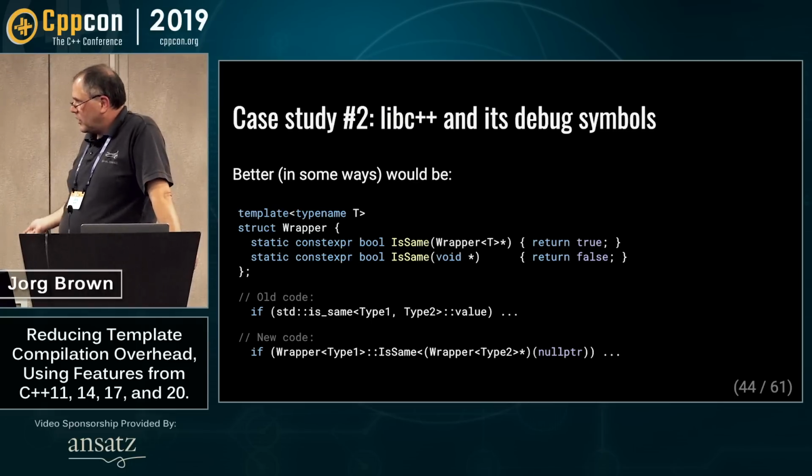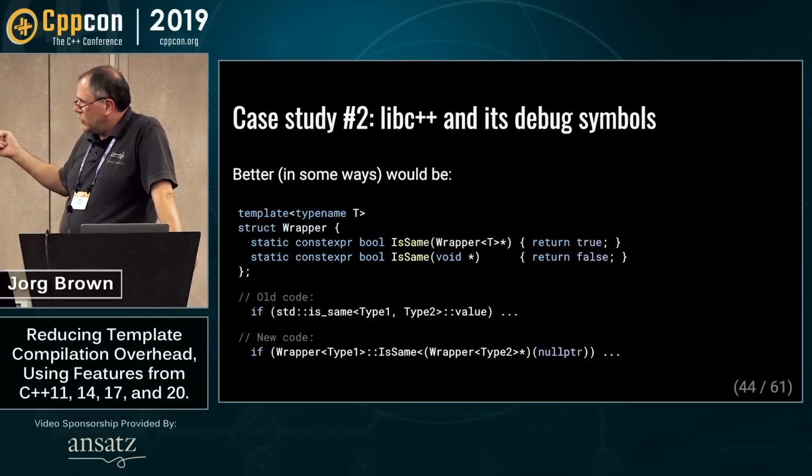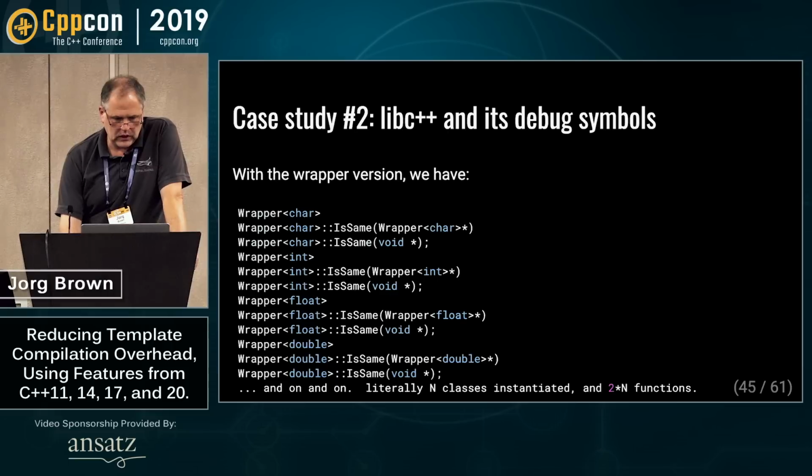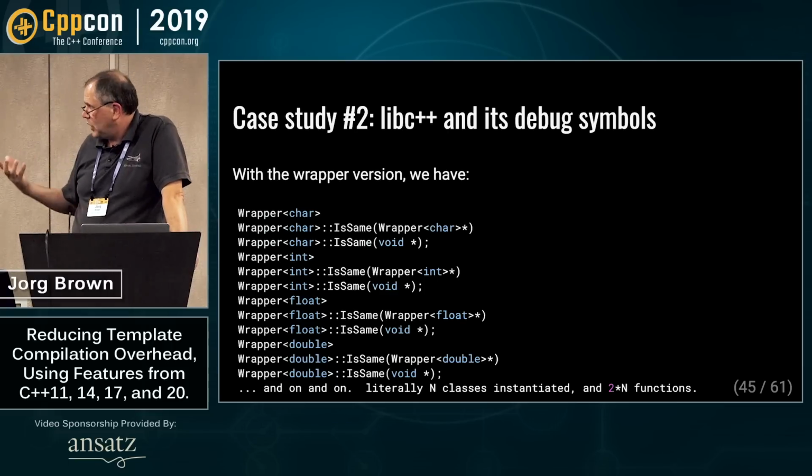We'll take a null pointer, convert it to a wrapper of type 2, and that will call either the return true or return false function. This is tedious, sure, but it only ever instantiates 2 functions per type, and it only instantiates 1 wrapper type per type coming in. So it's still a fair number of classes and types.